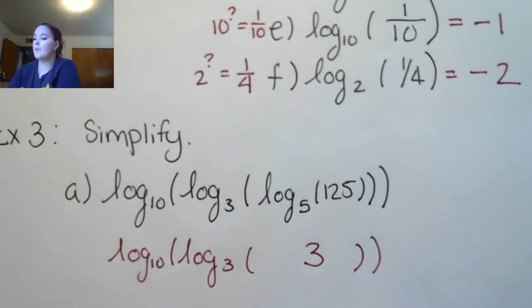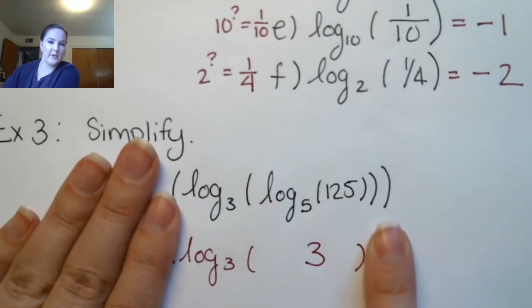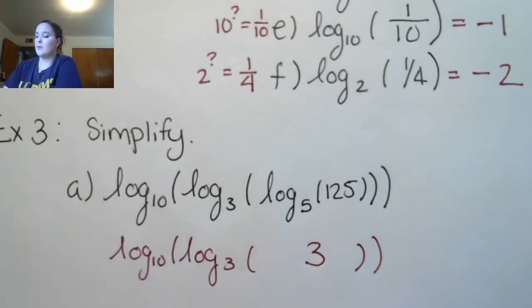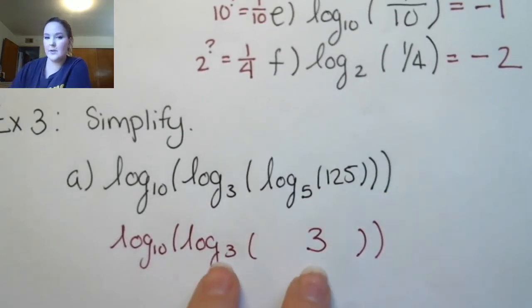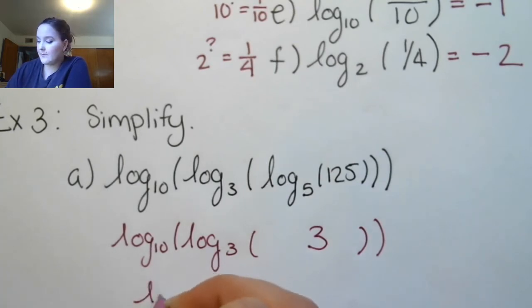Now I'm going to evaluate the next part, which is log base 3 of 3. So what power of 3 is equal to 3? Well, 3 to the 1 power is 3. So when I evaluate this, I get my answer 1. And everything else stays the same.